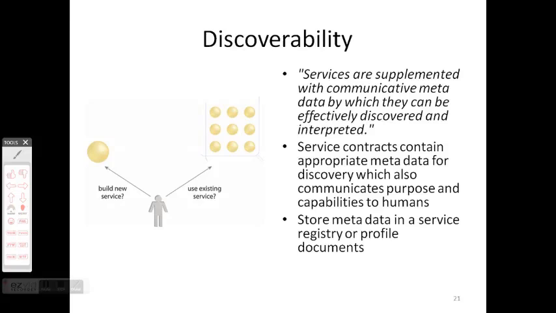Discoverability means that services are supplemented with communicative metadata by which they can be effectively discovered and interpreted. We use descriptive technologies such as WSDL, which are based on XML technology, in order to publish services to the public, and then in directories such as UDDI, service users or service consumers can find services by using those directories.